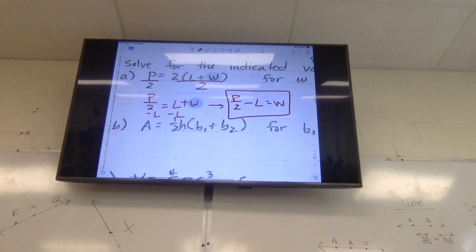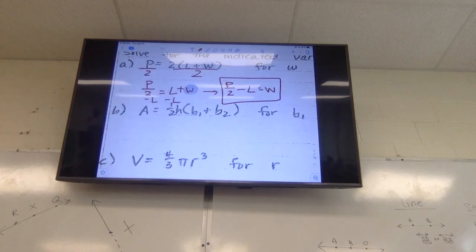Let's do one more. All right, we've got to get B1 by itself. I've got to get rid of this 1/2 and this H. How do I get rid of 1/2? Multiply by 2, and we'll multiply by 2 first. So I get 2A equals H times B1 plus B2. How do I get rid of H? Divide.